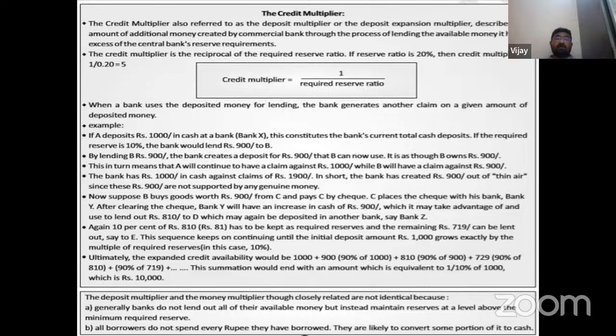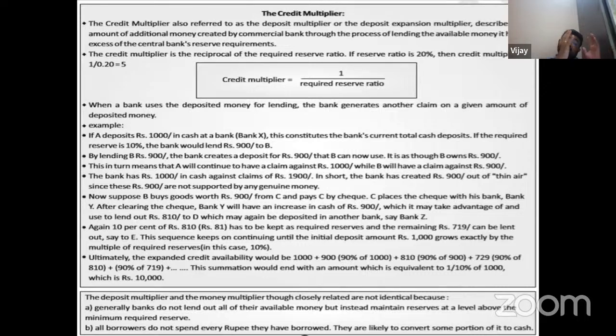Credit multiplier or deposit multiplier is equal to 1 divided by 10%, which comes to 10 times.